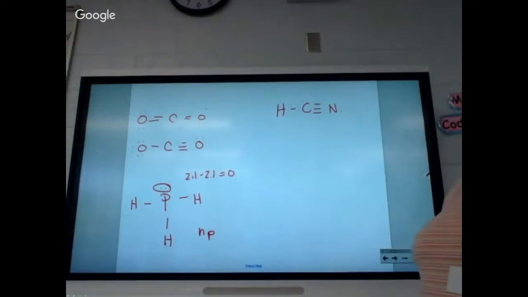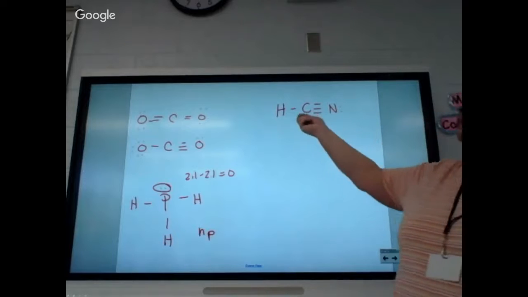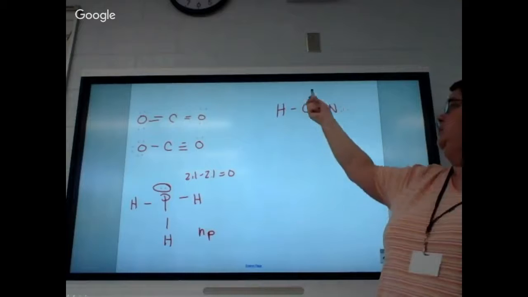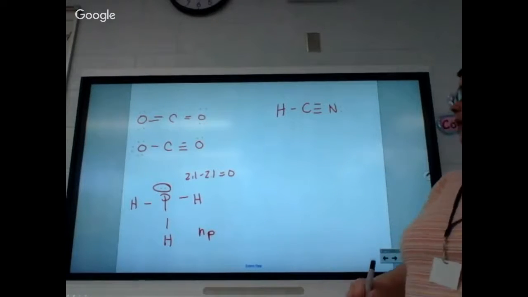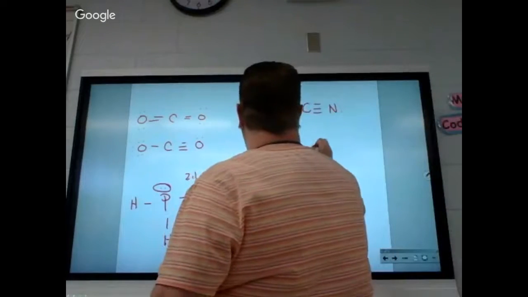All right, number 4. The geometry is linear because there's two atoms, an H and an N. And are there any lone pairs on the C? No, so 2 and 0. All right, what was number 4? H2CO.